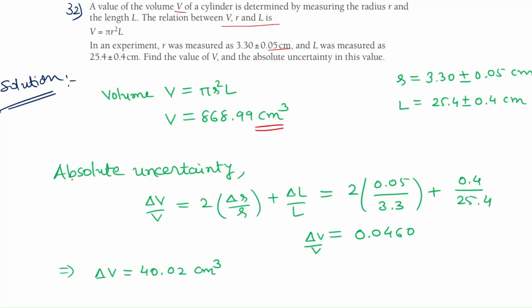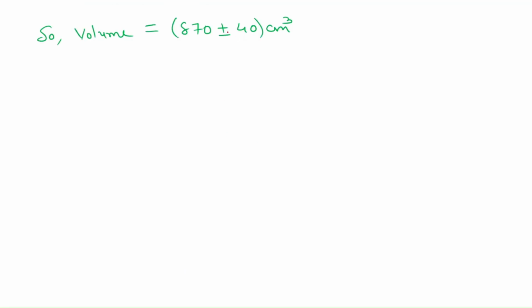For absolute uncertainty, the formula is like this. The 2 comes from the square. We do similar kinds of questions many times, so I'm not going in depth.